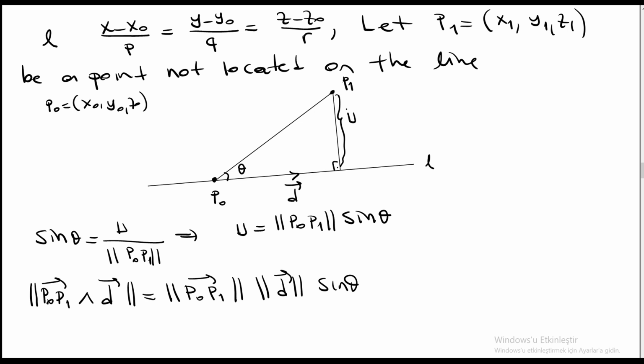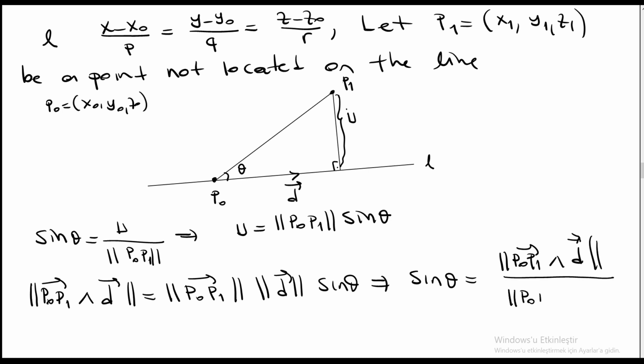Okay, now we also find the sine of theta here. Sine of theta will be P sub 0 P1 cross product D over P sub 0 P1 and D.